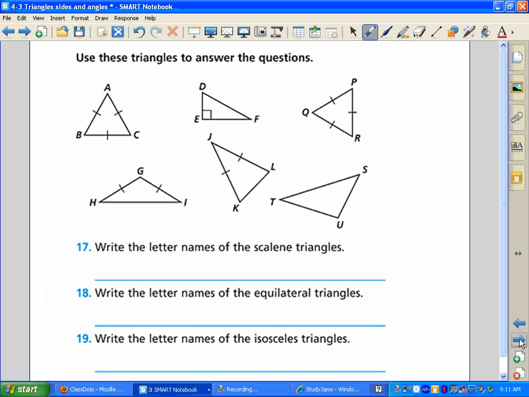Alright, so let's look at the triangles that I have here. What is the first triangle?